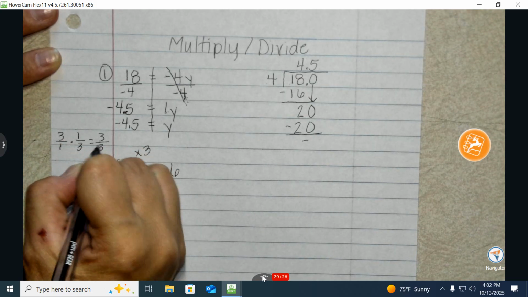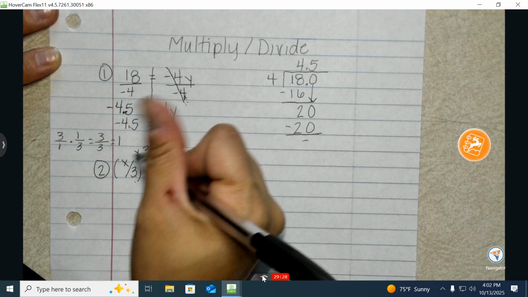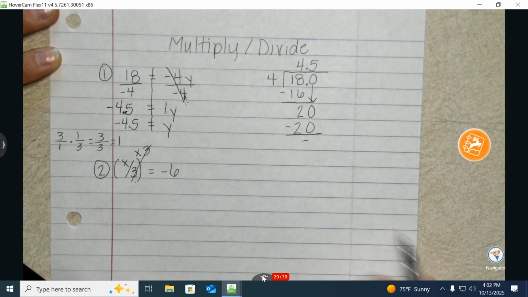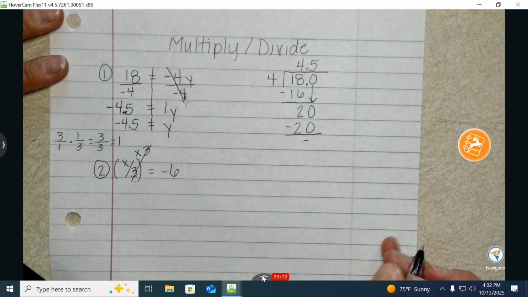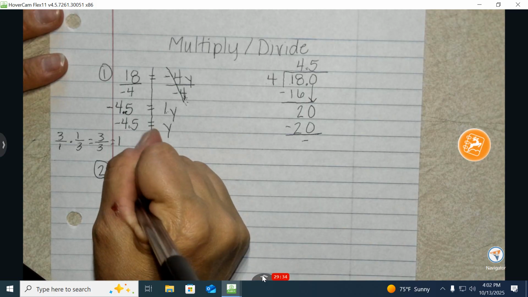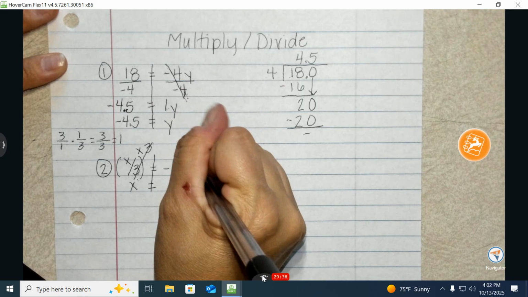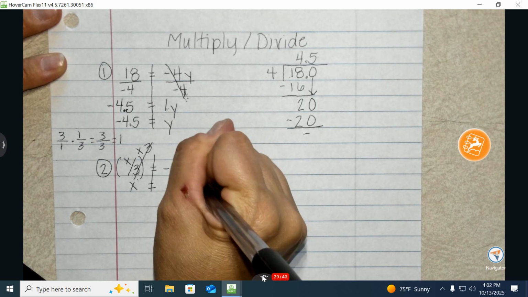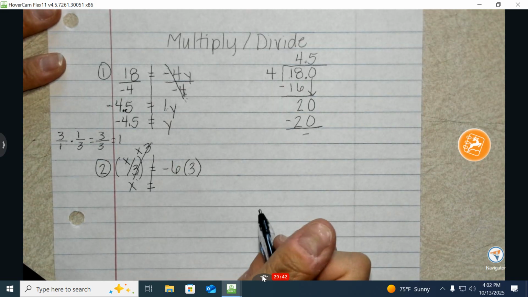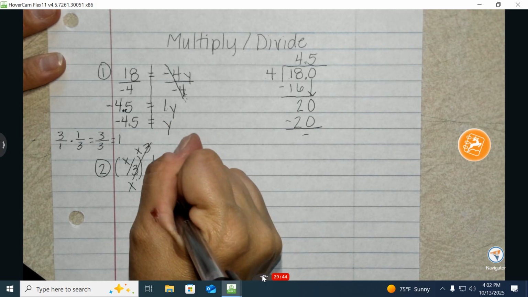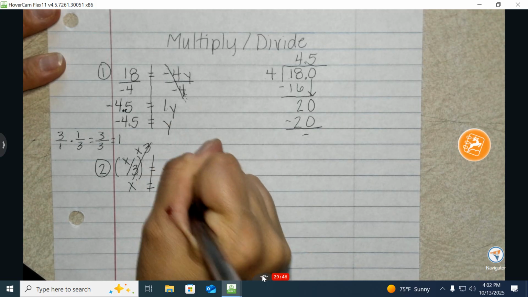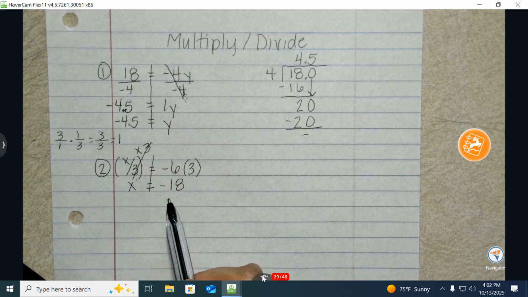Now, you don't have to do that math, but it equals 1. So dividing by 3 and multiplying by 3 cancel out, and you're just left with x equals, draw our line here, we're going to multiply by 3 on this side also, so it equals 6 times 3 is negative 18. Negative times a positive is a negative.